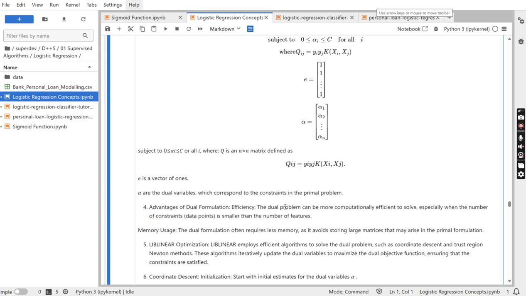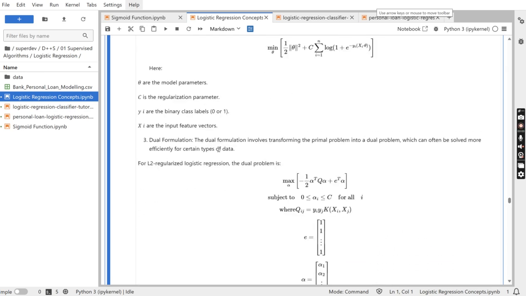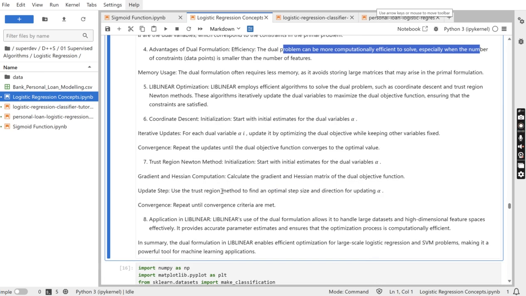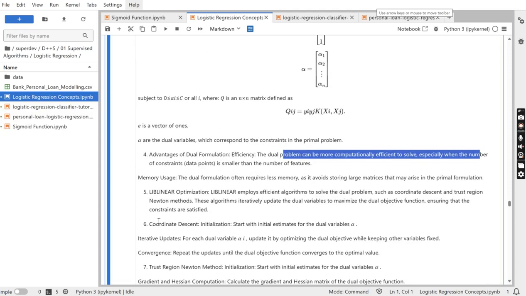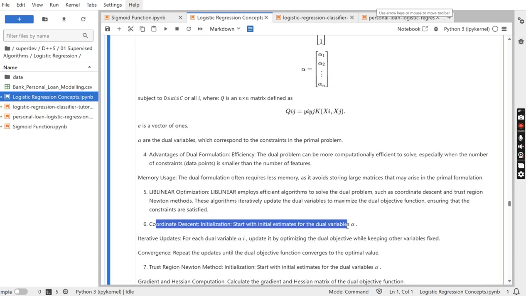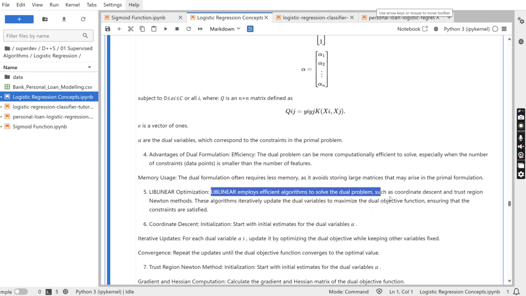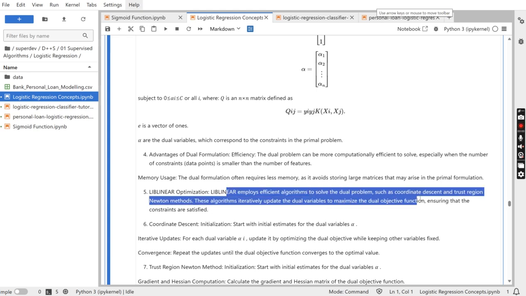The advantage is it's computationally efficient. If you want to do the training on a lot of data, then you can use liblinear. I will explain coordinate descent in detail, how it works, but underneath it is using coordinate descent and Newton methods.